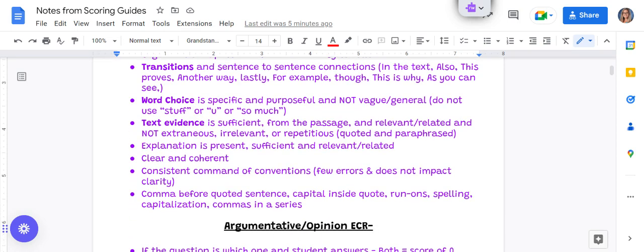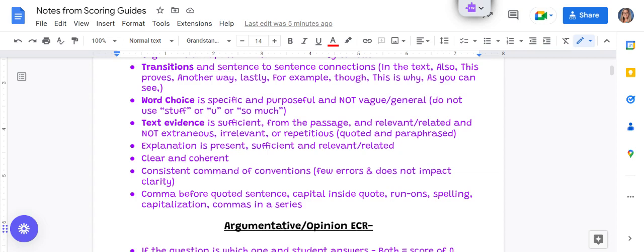Text evidence needs to be sufficient from the passage and relevant. These are the comments they made for the ones that didn't get a 3 for organization: it's extraneous, it's irrelevant, it's repetitious. It can be quoted and or paraphrased. They do need to explain the evidence, and it has to be sufficient, relevant, and related.